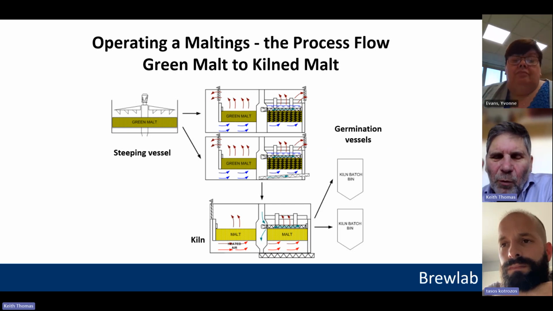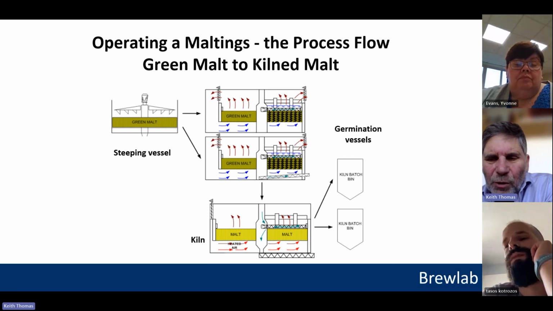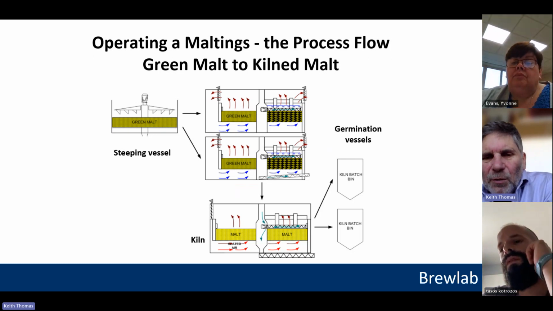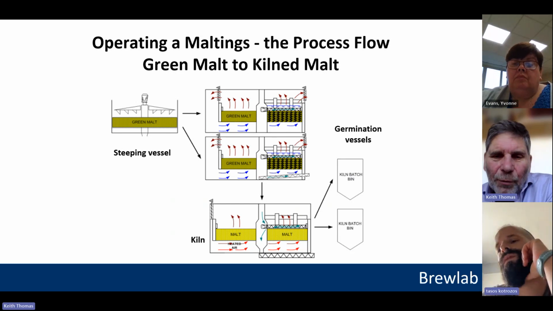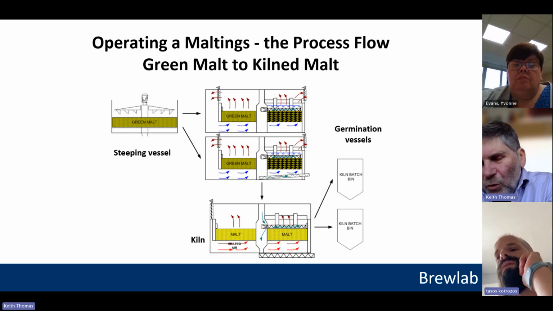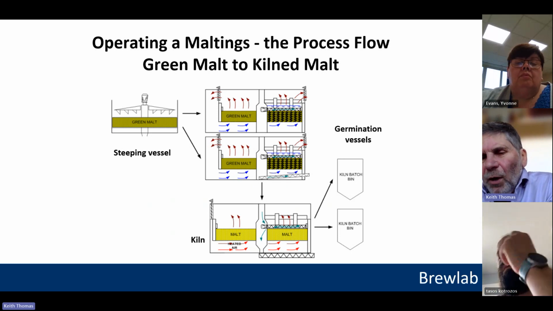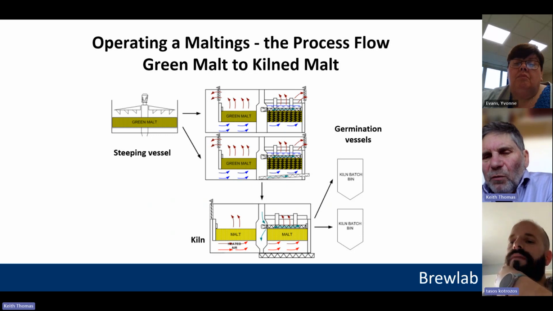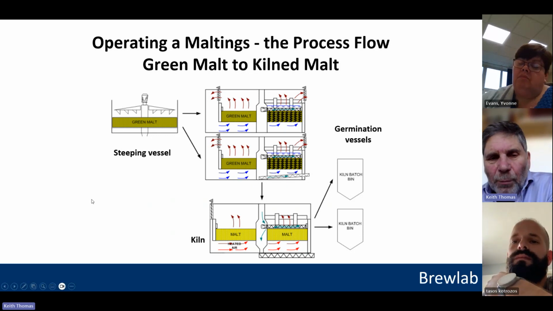Knowing which stage has which of those specifications is, if you're a maltster, very critical. If you're a brewer, okay, good to know. The exam might cover them, and at some point you might say, I would like to get a malt of this specification just for me.